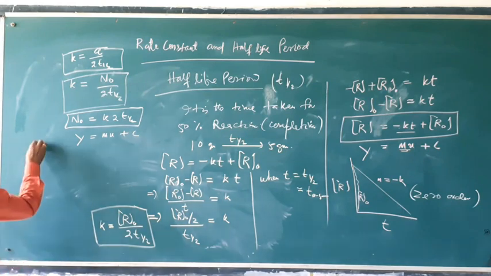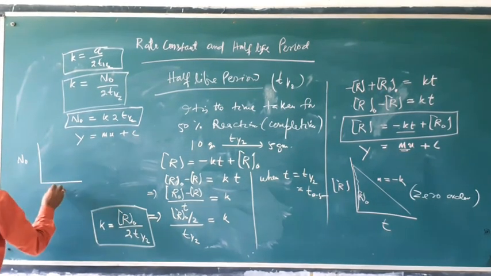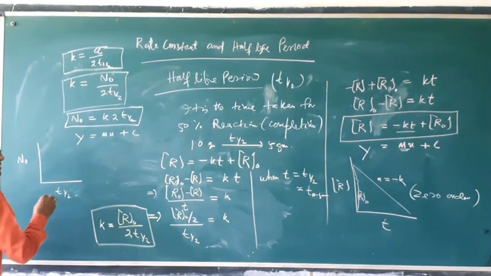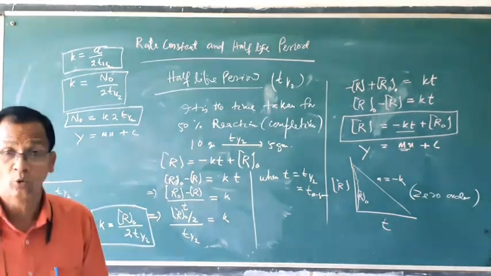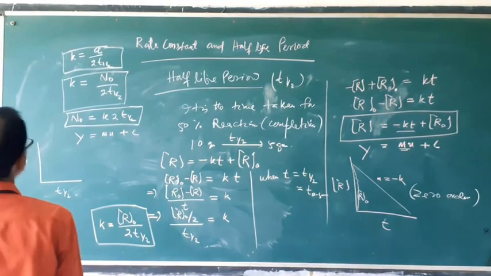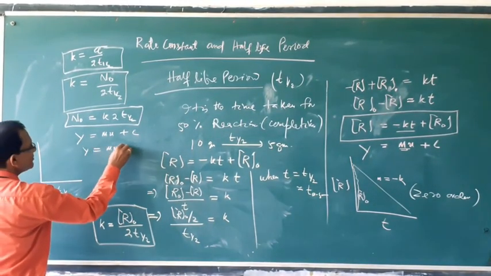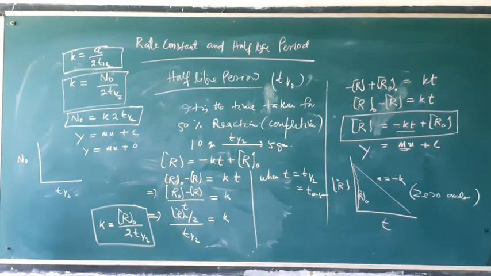So if you draw a graph of N0, the initial mass, versus T-half, the half-life period, for zero order, y is equal to mx because c is 0. So the graph is a straight line.